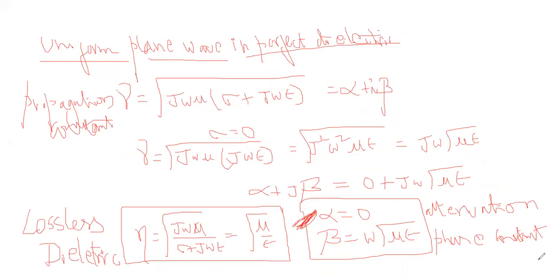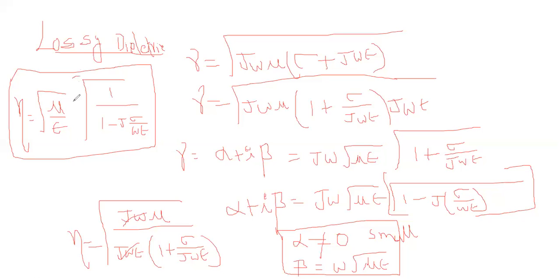But when there is a lossy dielectric, this factor is multiplied for the intrinsic impedance also: the root of 1 by 1 minus j sigma by omega epsilon. Here it is not inversely proportional, it is directly proportional. This is the factor we get when alpha is not equal to 0, so it is a lossy dielectric.